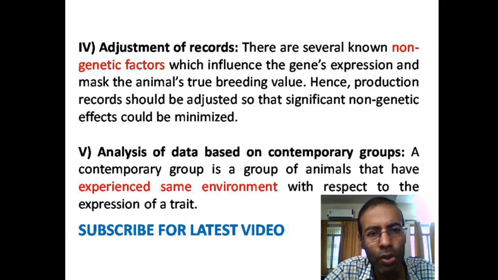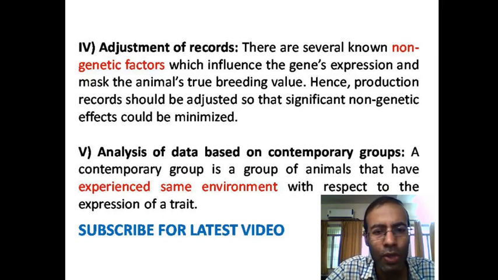We also need to do adjustment of records for non-genetic factors. There are several non-genetic factors, for example, period and season, which are affecting the performance. So we will have to nullify these effects by using some methods. We generally use the least squares method for adjustment of records. We should also do analysis on the basis of contemporary groups.